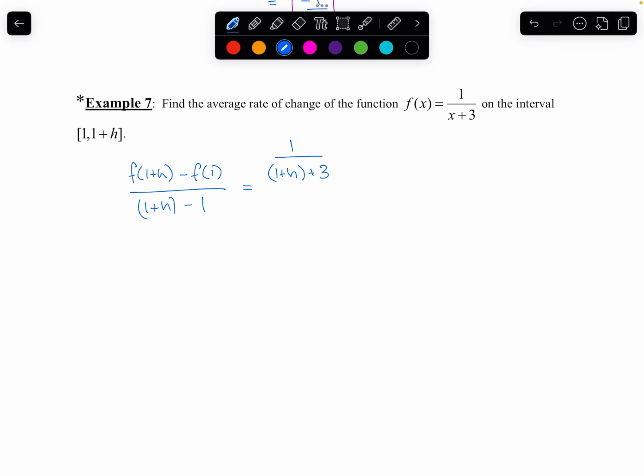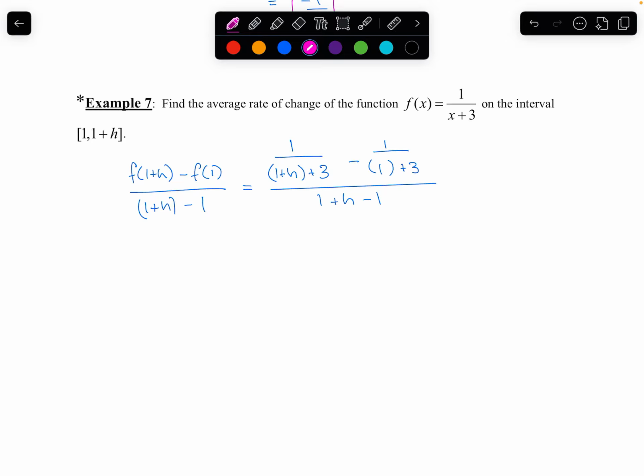Okay, now I'm going to subtract f of 1. So plugging in 1, so parenthesis for the x plus 3, and putting in the 1. Now remember, this is all over the 1 plus h minus 1. So 1 plus h minus 1. I can drop the parentheses without any fear, since I'm not needing to multiply by anything or distribute anything.